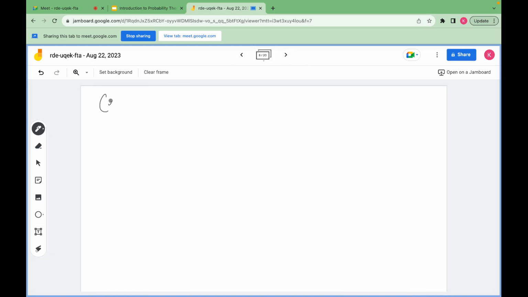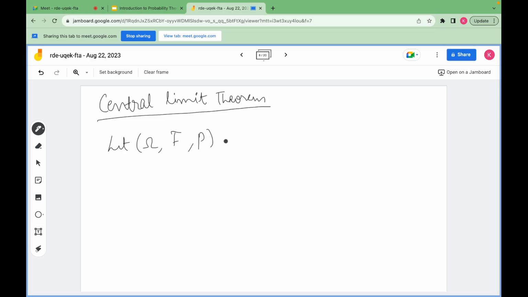Now we define the central limit theorem. So let omega, F and P define a probability space.